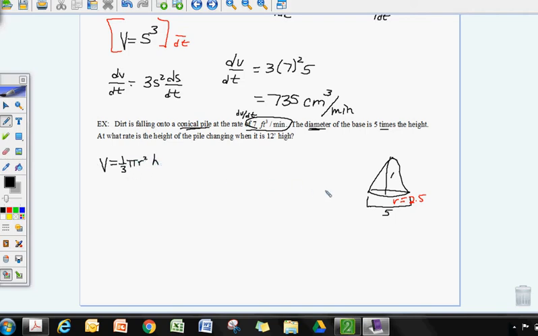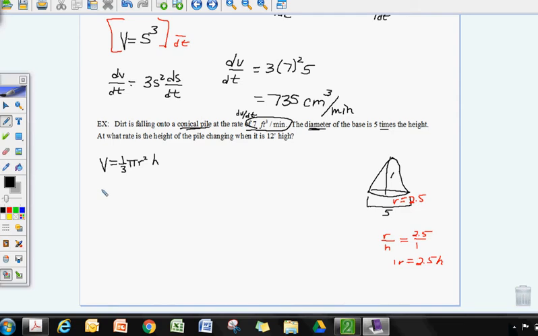I can't have r's. So remember, over here, this is what helps us. My r compared to h would equal, my radius is 2.5 compared to 1. So 1r equals 2.5h. Hey, I've got my conversion.